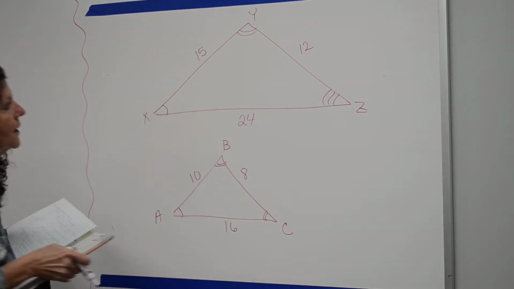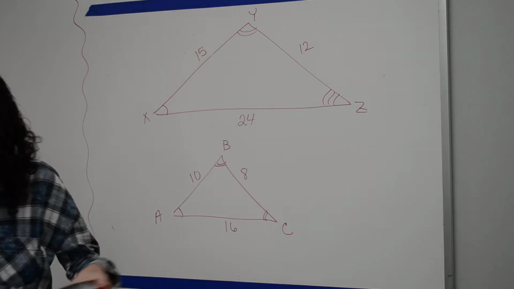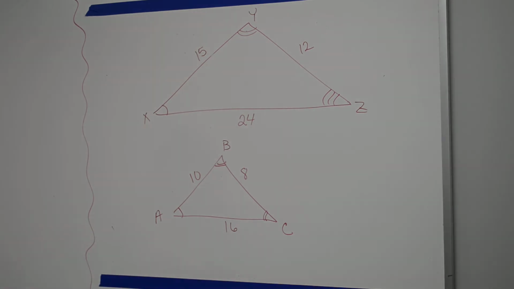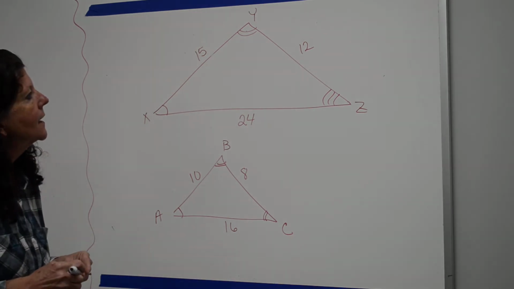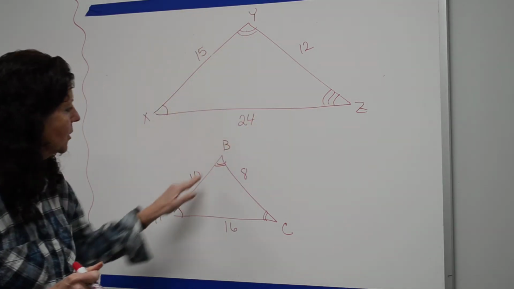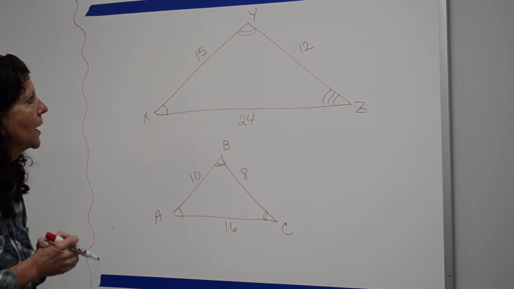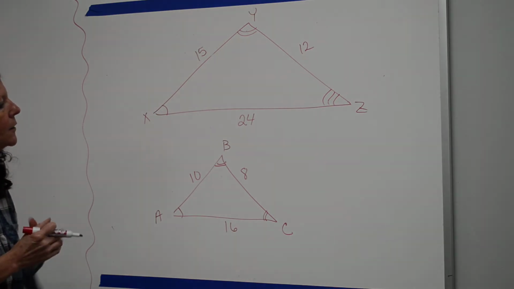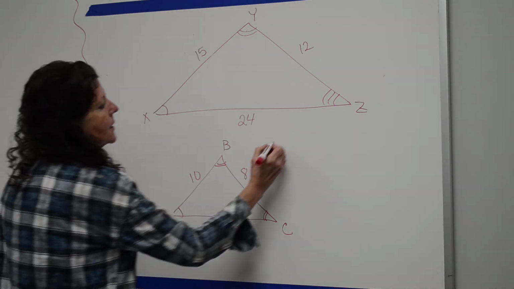Now on this particular triangle, they've given you all the parts, and what they're wanting to know is, is this a similar triangle? Well, you've marked all the angles, so you know that that follows what you need to follow for similar triangles. So now let's look at the sides, okay?